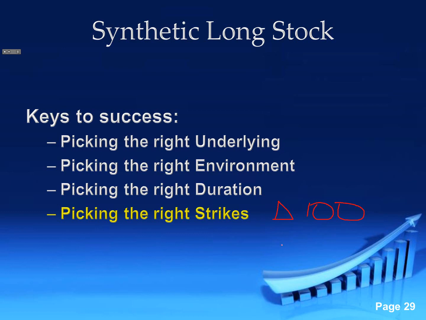If it's a really high flyer stock, you don't want to overweight it, or you want to just get your feet wet with this, try and build it out to where it's a 50 delta, and then that's equivalent to 50 of the underlying, 50 contracts. So that's picking the right strikes, is making it 50 delta.